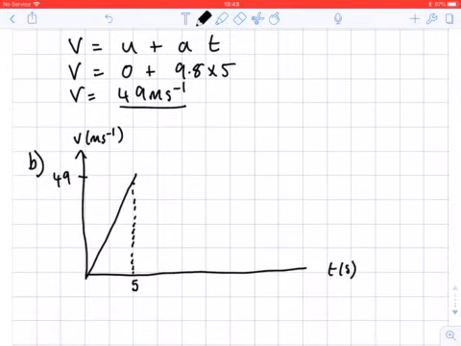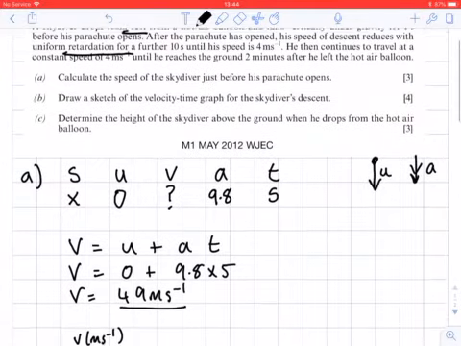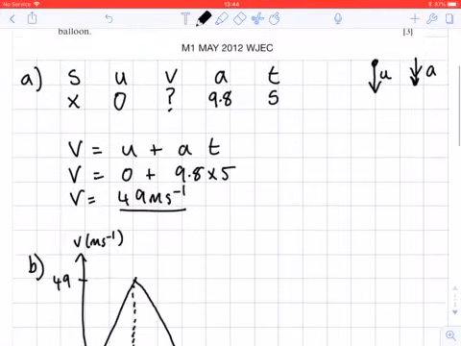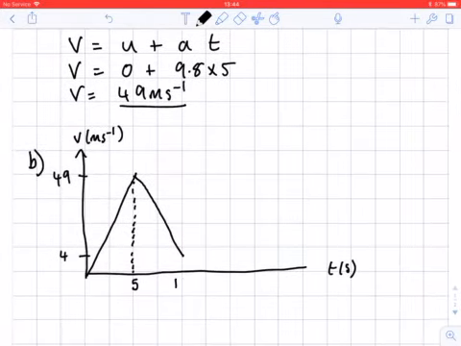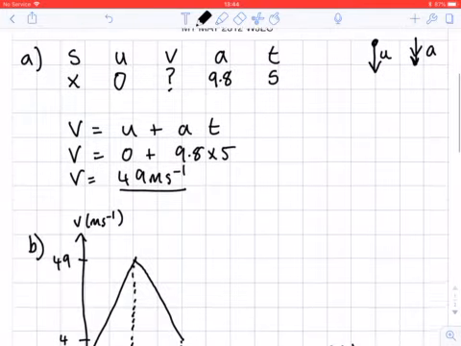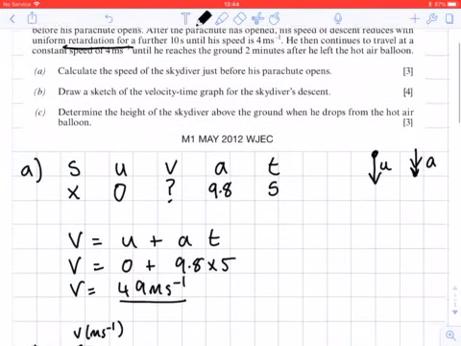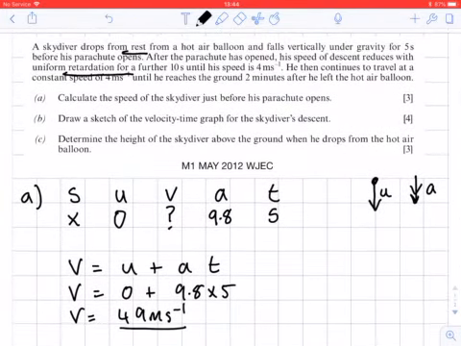So I'm going to now go down, and you'd expect this, wouldn't you? If you were in a parachute, you'd slow down quite quickly. And there's 4 meters per second, and this was after 10 seconds. So that value 10 seconds later is going to be 15. And the clever bit here, where the examiner did try to catch people out, was he continued at 4 meters a second until he hit the ground 2 minutes after he left the hot air balloon.